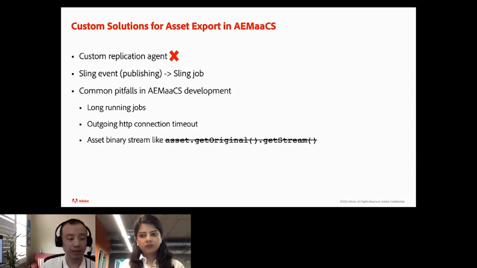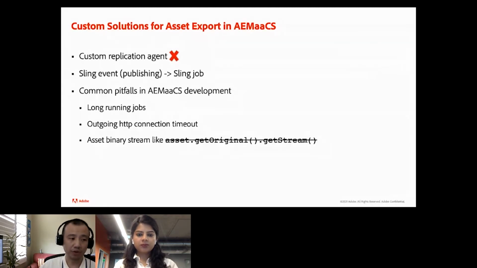The Sling event, like the publishing event, can trigger a Sling job that does the export as well. Yes, you probably can do that, but you must be very careful to implement such a job in AEM as a cloud service. Especially, you have to keep those processes and jobs small, because with cloud native, AEM pods can be scaled up and scaled down at any given time.